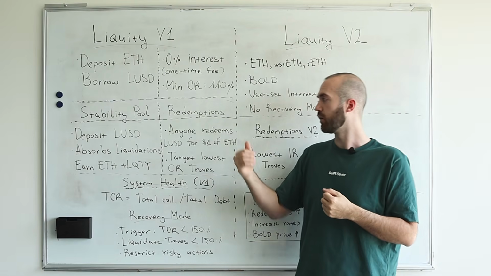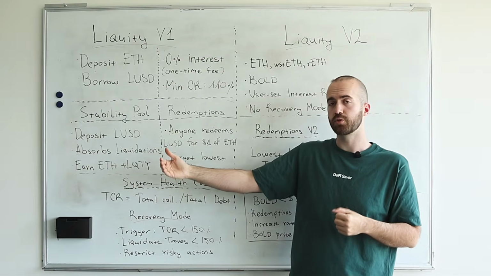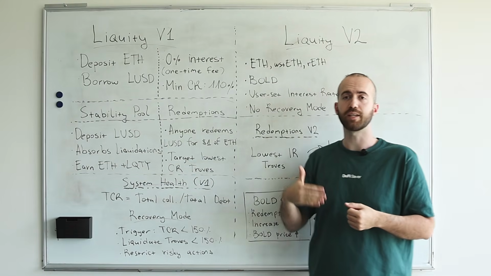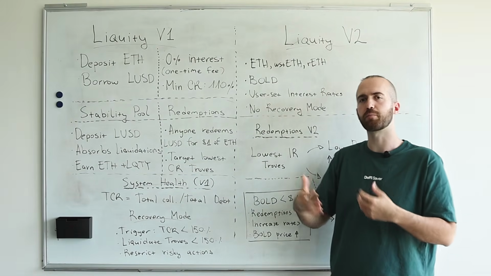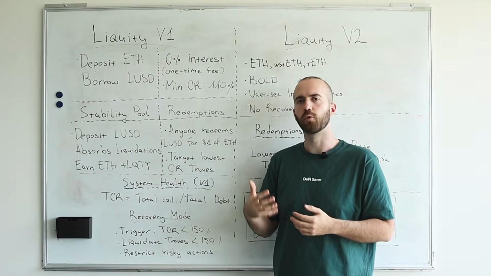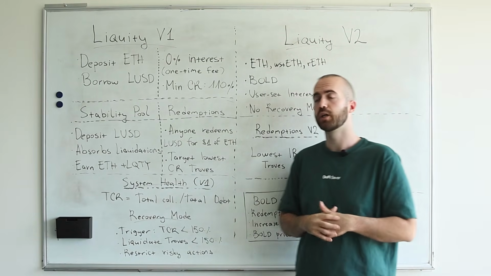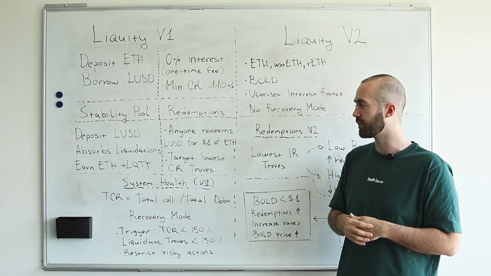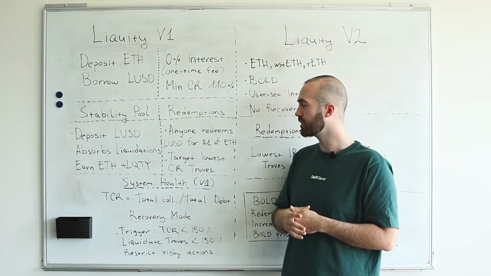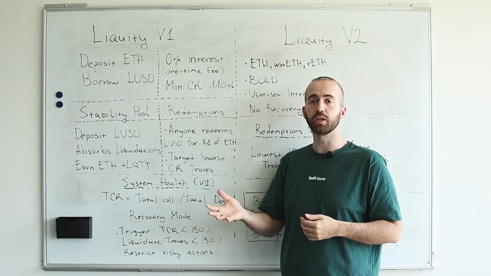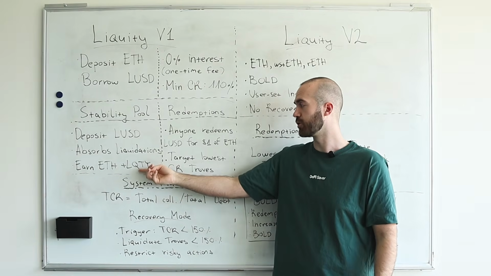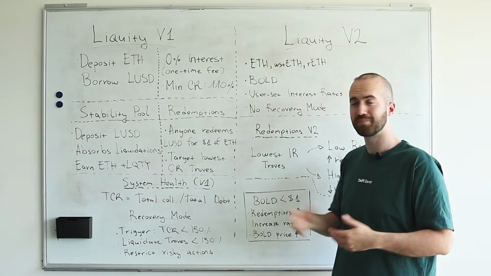So if depositors' LUSD is used to pay off debt, they can also get ETH at a discount. This is a passive income opportunity for LUSD borrowers to deposit here. They earn passive income through ETH and also LQTY, which is the governance token of Liquity.